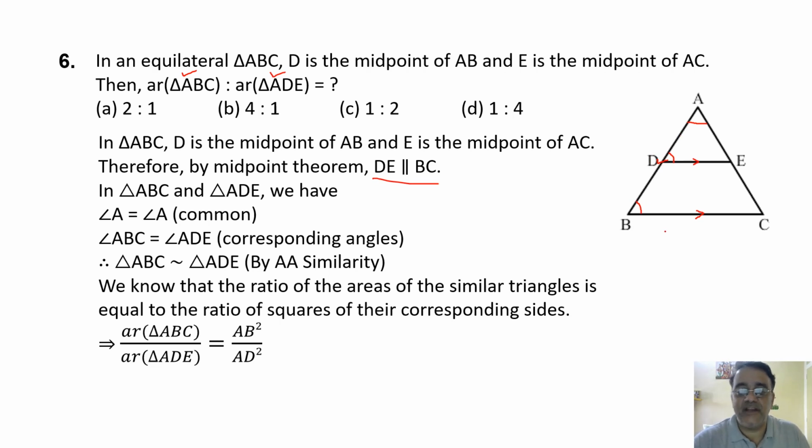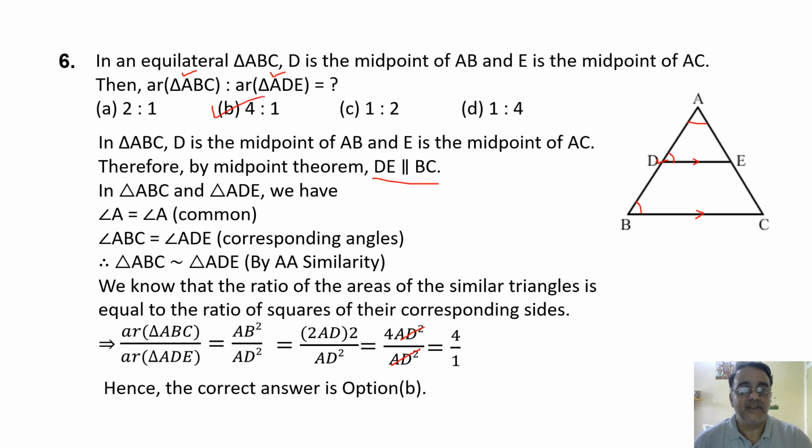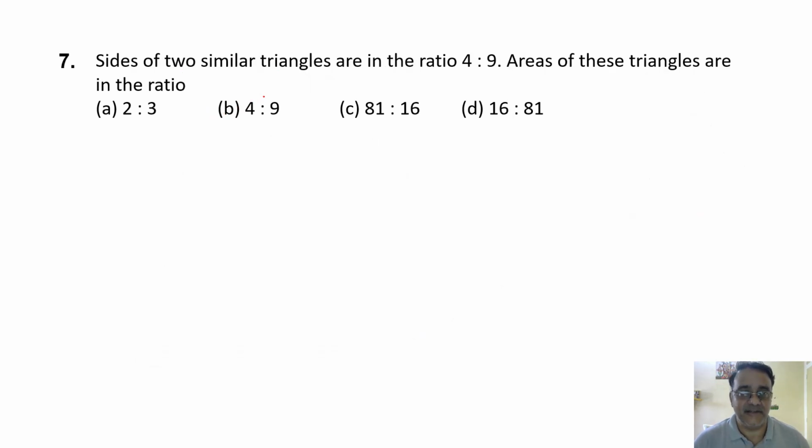So AB we can write 2 times of AD, and this will become 4 AD square, AD square cancel, and finally we are getting 4 by 1. So which option is the correct one? Option B. Right. So any doubt in this question? No, sir. Okay. So now we are moving toward question number 7.